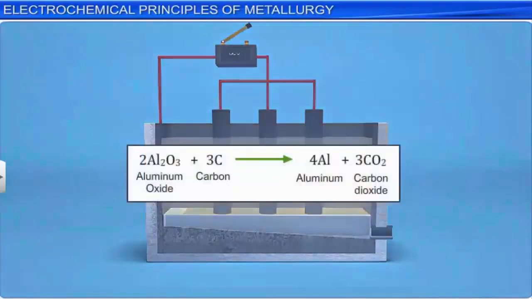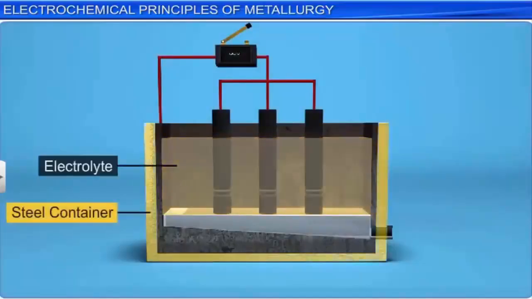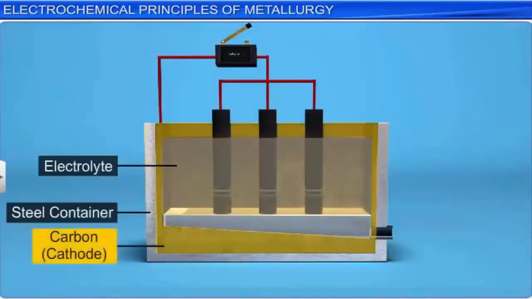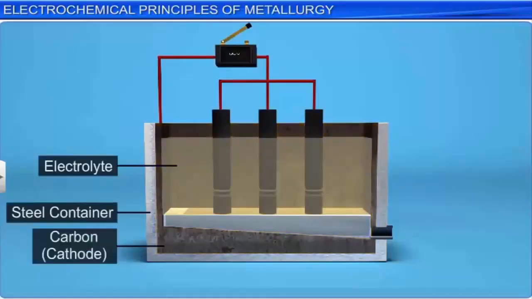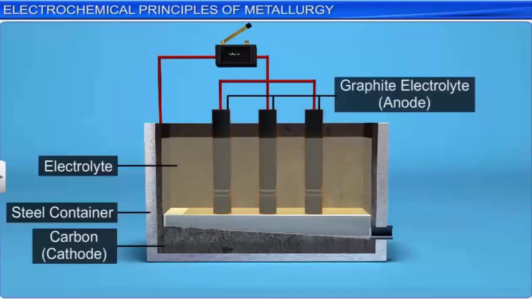The entire cell reaction is shown here. In this process, the electrolyte is taken in a steel container lined with carbon, which acts as the cathode. A bunch of graphite rods immersed in the electrolyte act as the anode. This process is also known as the Hall-Héroult process.